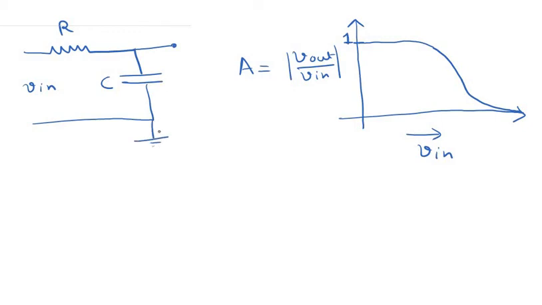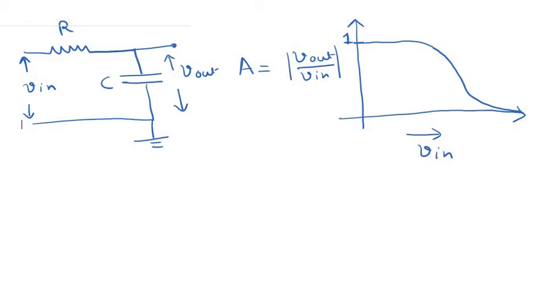However, when the frequency becomes higher, this circuit gives an output voltage of 0. So for higher frequency components of the signal, this circuit basically outputs 0 voltage. For lower frequency components of the signal, this circuit deposits the entire input at the output.